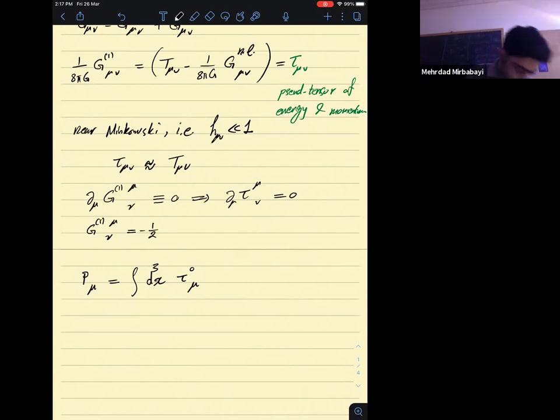This -1/2 is just because I want to be consistent with my lecture notes, where I define this in some other normalization at the linearized level. Apologies for this factor -1/2 here. But okay, so this can be written as -1/2 of the total derivative of something else, and that something else has a relatively simple expression.